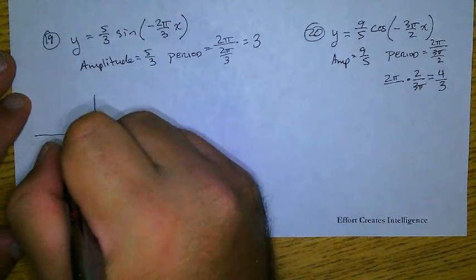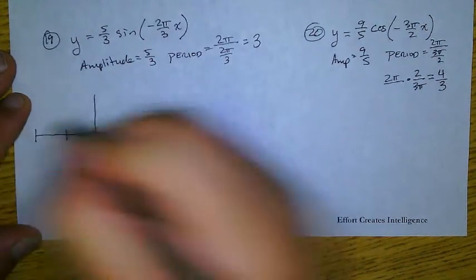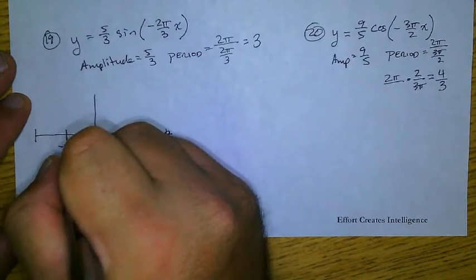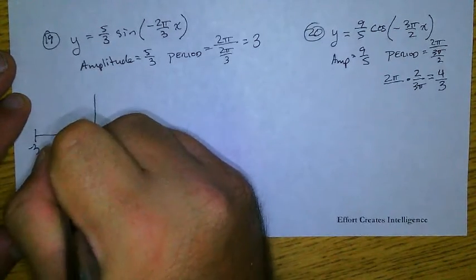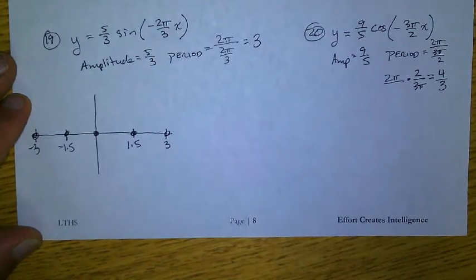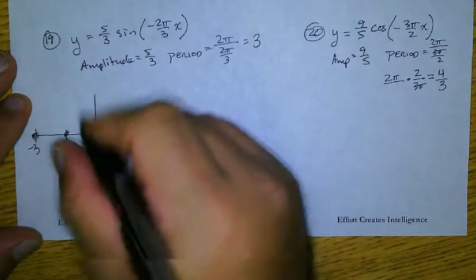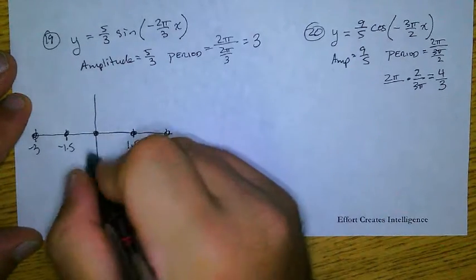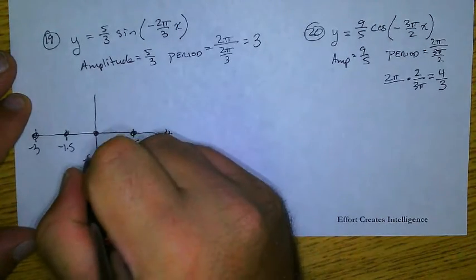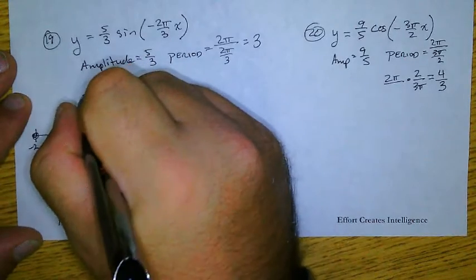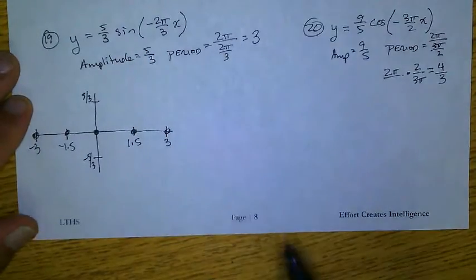I have the same thing in the opposite direction, so negative 1.5, negative 3. My amplitude is 5/3. There is no vertical translation, right? So negative 5/3 down here, positive 5/3 up there.